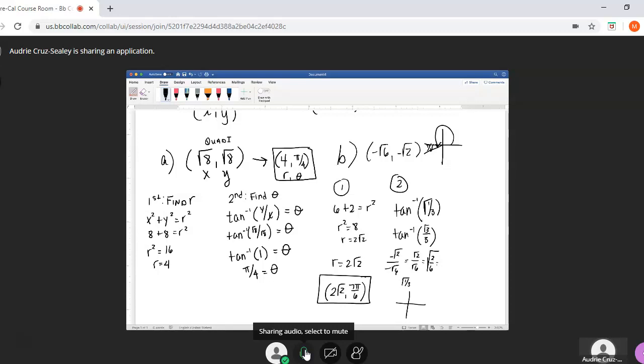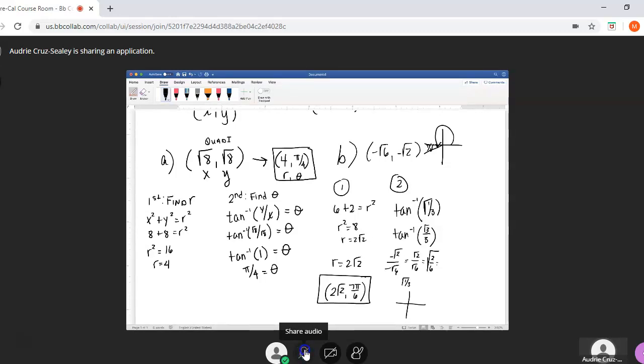So the pi over 6, the 30 degrees, that's the reference angle. And then you have to figure out what quadrant you're in. That make sense?